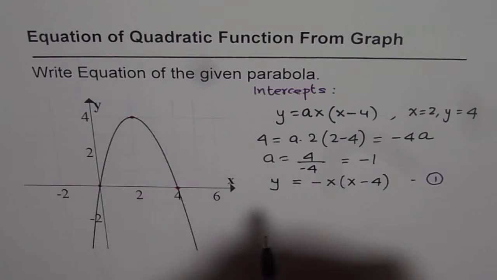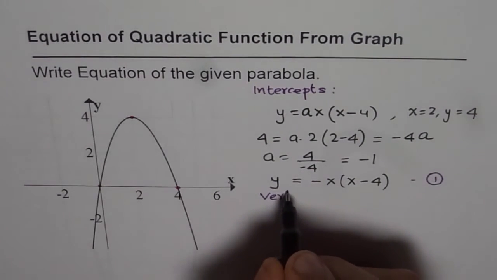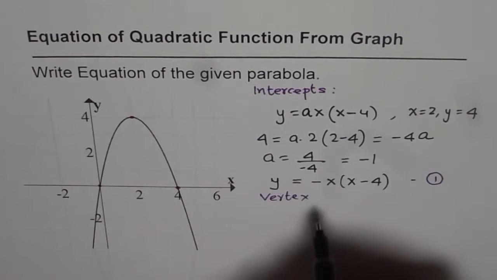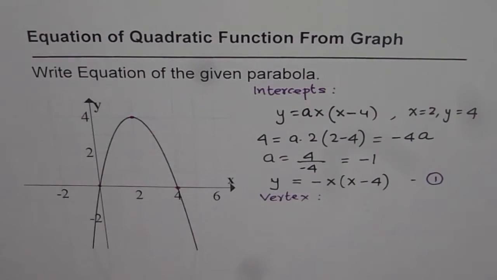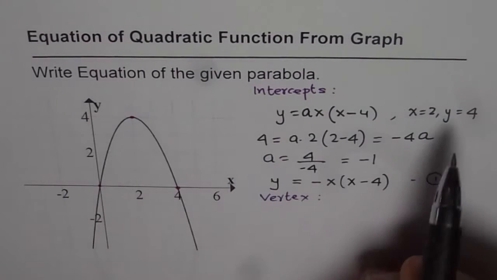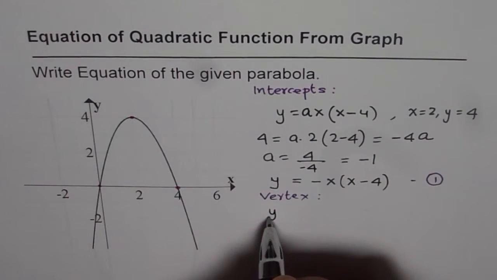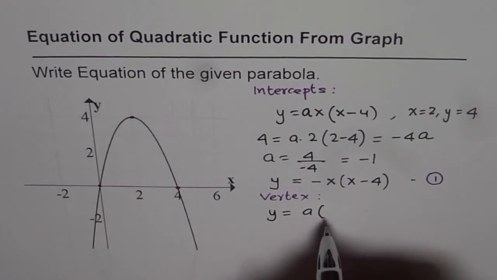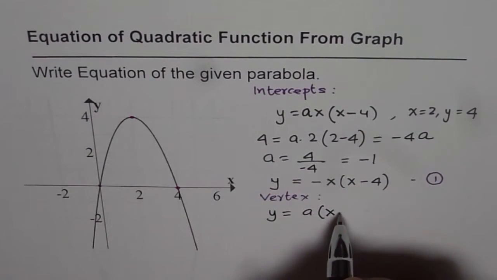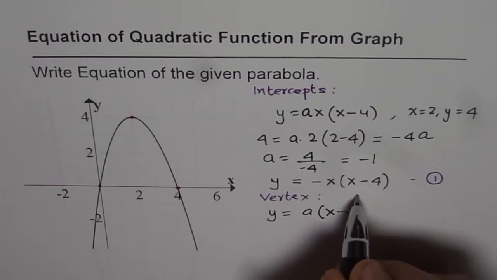Now let us use the vertex to find the equation of the parabola. For vertex, we know vertex is at 2, 4. So we can write the equation as y equals to a times x minus 4 whole square.